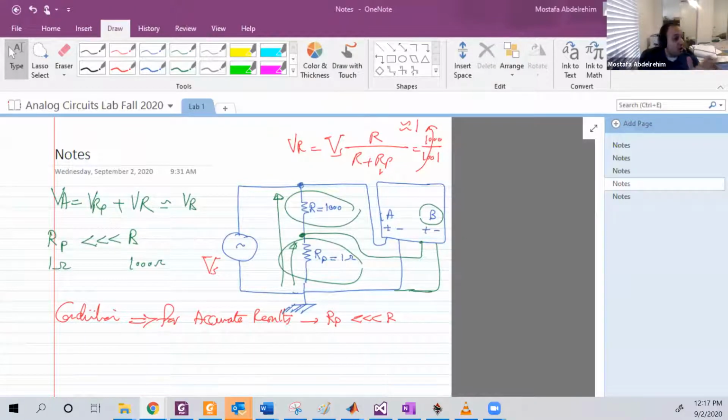Now let's do the practical measurement. In the practical world, you can't do that. In a simulation, you can, as long as this oscilloscope has no common ground. So I'm gonna connect.